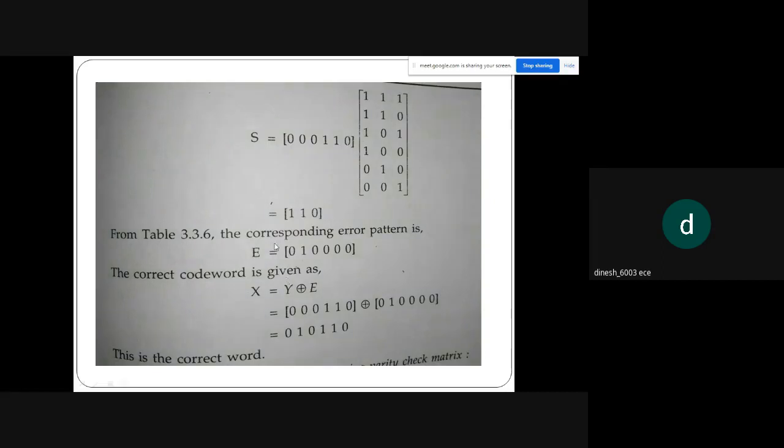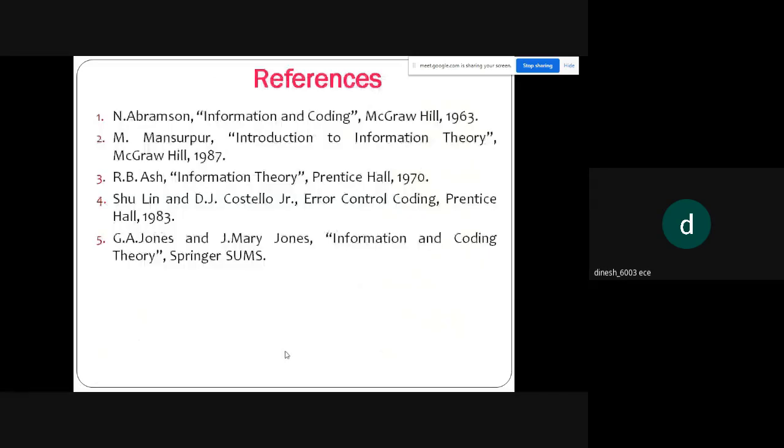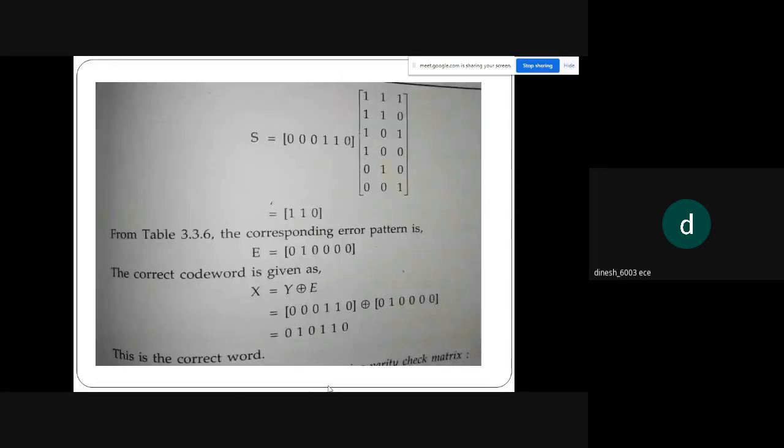So 110 is present in the second row, and the second row means the second bit is in error. So 010000 is your error vector, the error pattern. Write it, and y is this. Do modulo 2 addition to get the correct code word. So we get the correct code word as 010110.